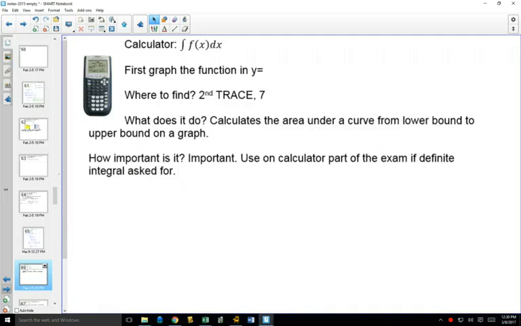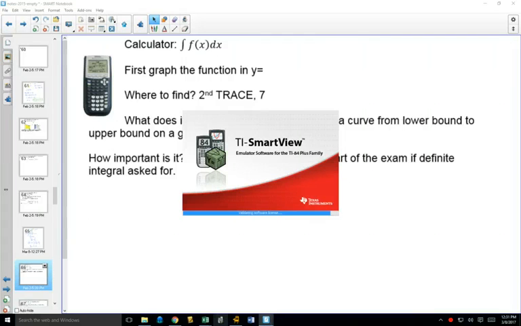You can do this as well on your graphing calculator. So you can graph your function. So let's take out our calculator and just graph the one that we did, x plus 2.